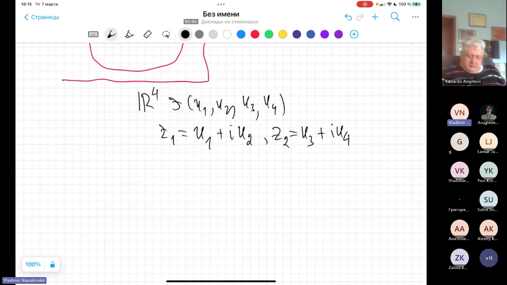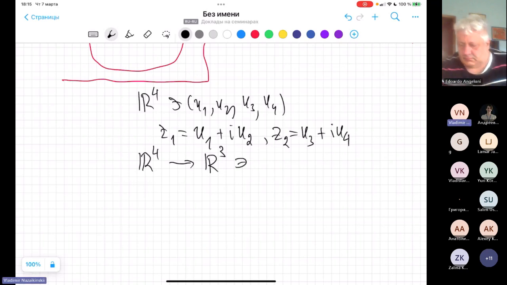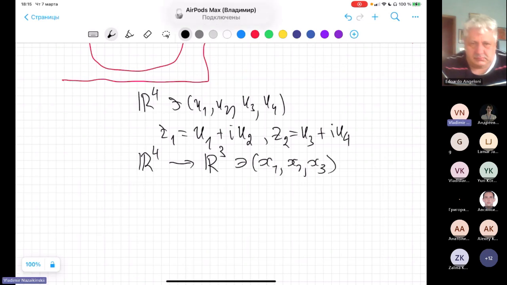Here i is the imaginary unit, of course, and we consider the mapping of R4 onto R3, of a point to x1, x2, x3, which is given by the following formula.